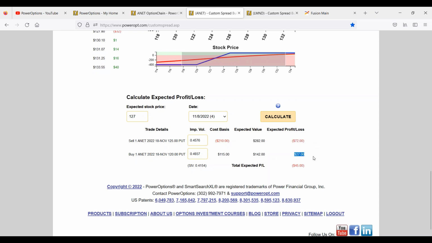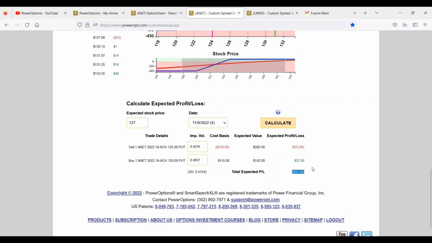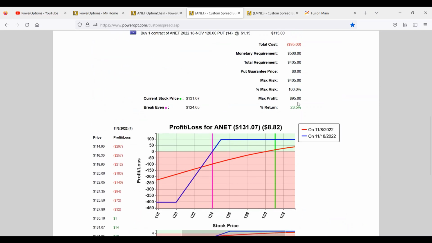And we've only gained, theoretically, $27 on the long put. We could sell to close it at 1.42, the expected value in those cases. So this would be a loss of only 45 cents or $45 per contract, roughly 1/9 of the true maximum loss on the trade. So that's still pretty good, but it's still a loss.